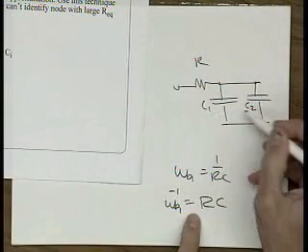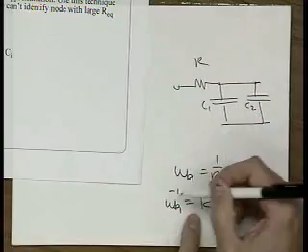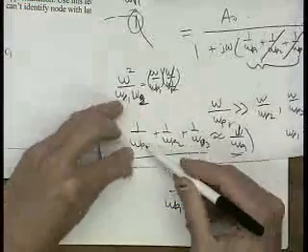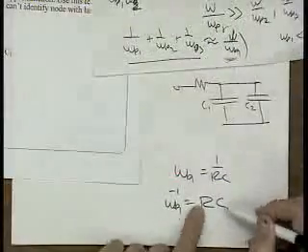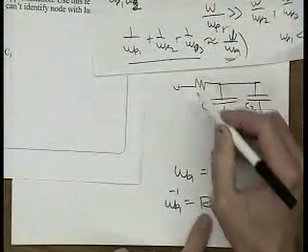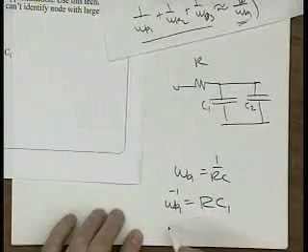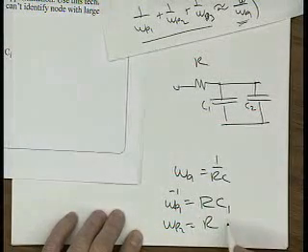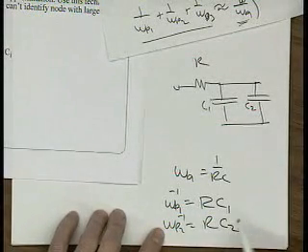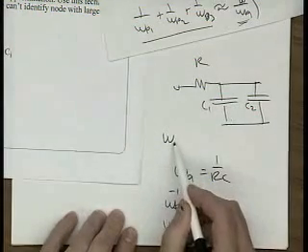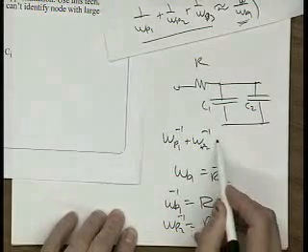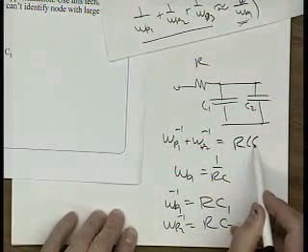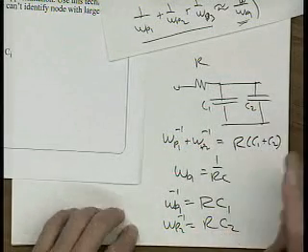You can see that if we're adding up the inverse of the time constants, or the inverse of the pole locations, it won't matter. This is RC1 and omega p2 inverse would be RC2. We add these two things together, omega p1 inverse plus omega p2 inverse, and it's going to be equal to R times C1 plus C2.